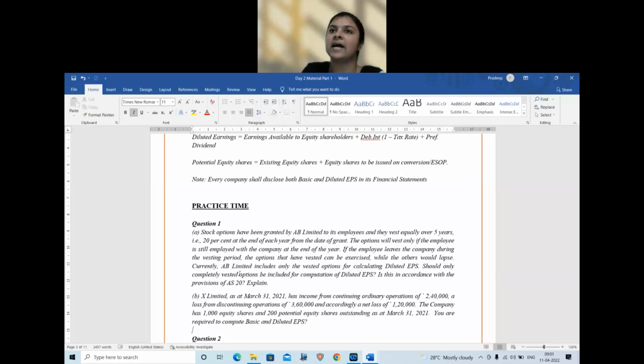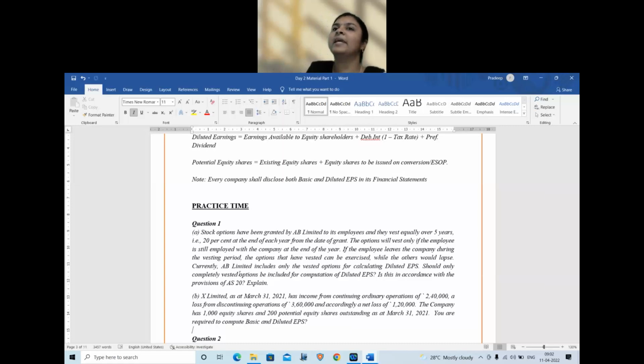So that potential equity calculation will be based on the grant of the option, irrespective of how many shares have got vested. So, we are not worried about how many options have got eligible or will get eligible in the future. We should calculate it based on whatever is available at the beginning of the year or at the end of the reporting period. Accordingly, in future years, if the amounts are changing, we can keep changing the potential equity shares.